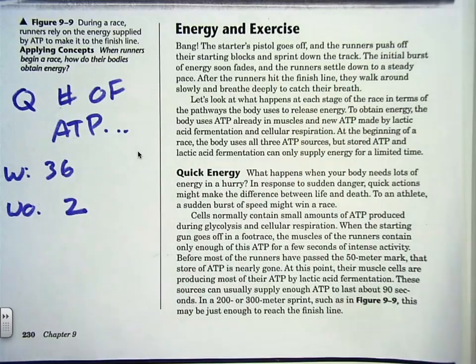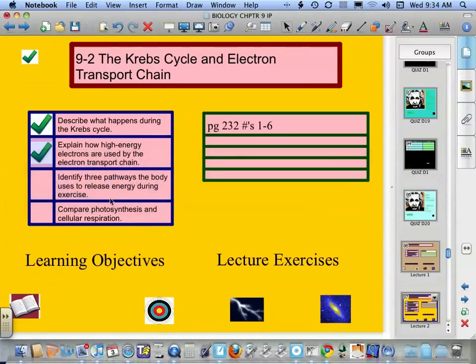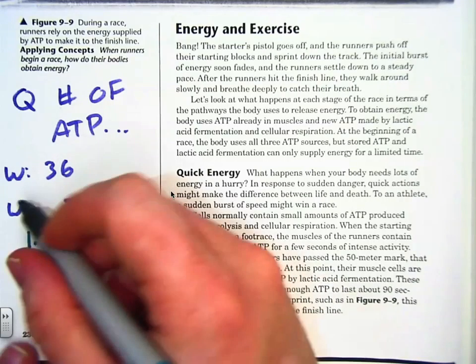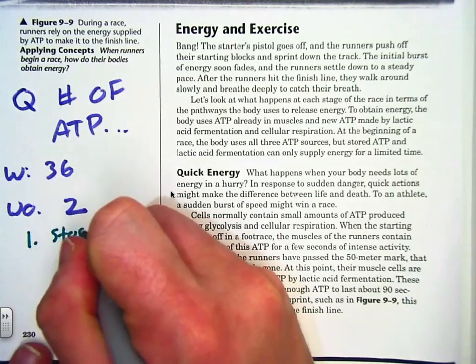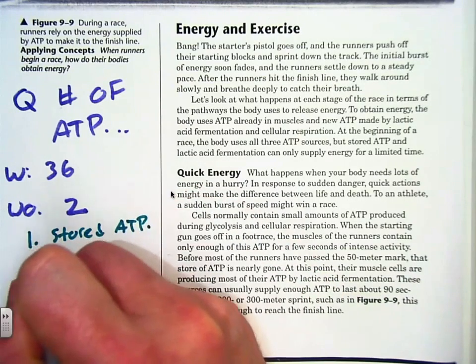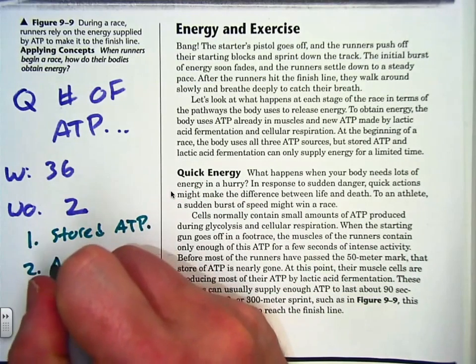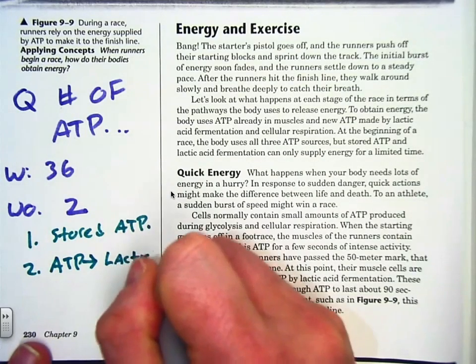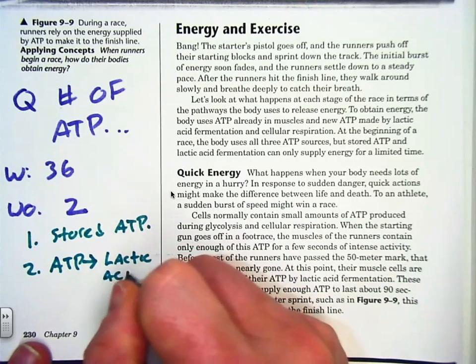That means if there are 3 sources, and remember, that's one of our objectives. Identify 3 pathways the body uses to release energy. Well, the first one is stored ATP. That's what we've already got in our muscle cells ready to go. The second one is ATP from lactic acid fermentation.